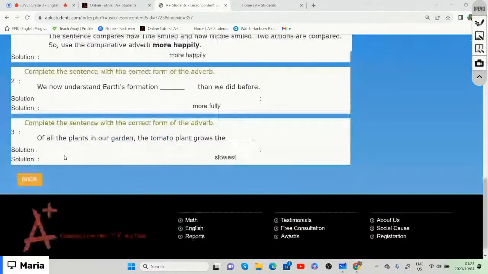Of all the plants in our garden, the tomato plant grows the, we say it grows slower or slowest.